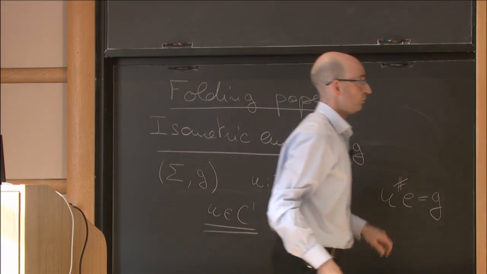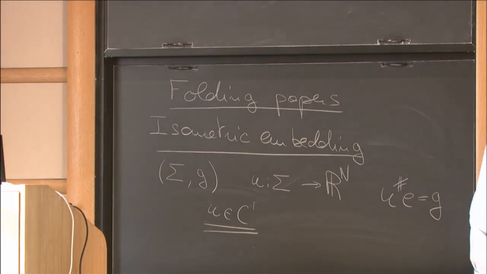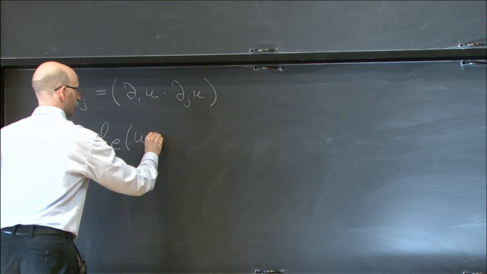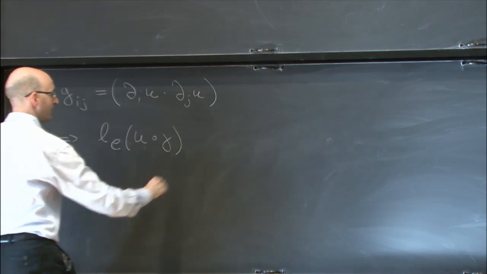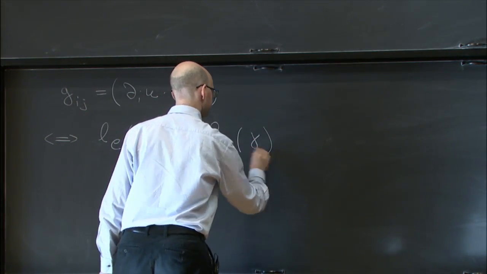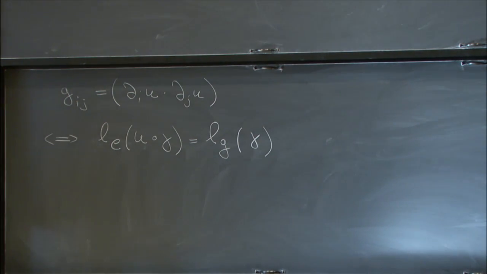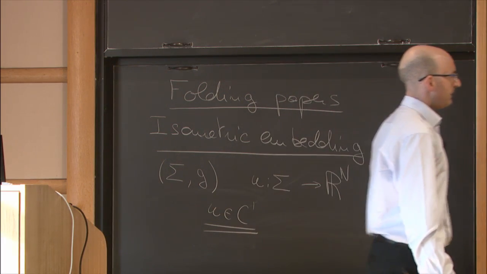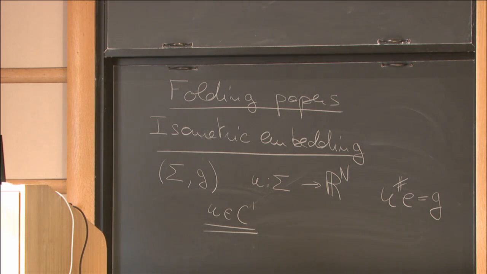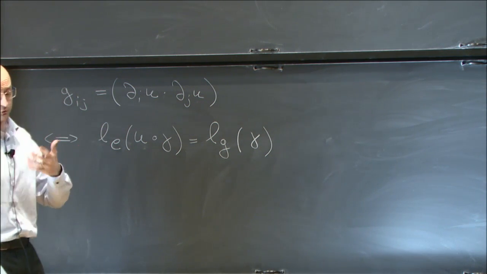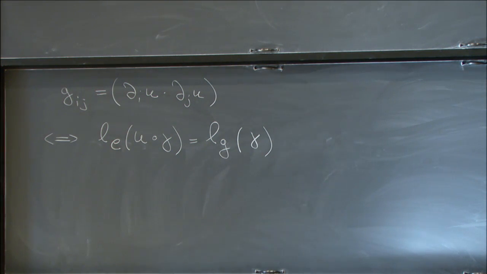So it's equivalent to require that the length in the Euclidean metric of any curve u composed with γ is equal to the length in the metric g of γ. Well, equivalent apart from the fact that this equivalence needs the differentiability, so actually the continuity of the differential, but in fact you can define this as a kind of weak notion of being an isometric embedding, even if your map is not differentiable. So if your map is, for instance, Lipschitz, that is perfectly okay.